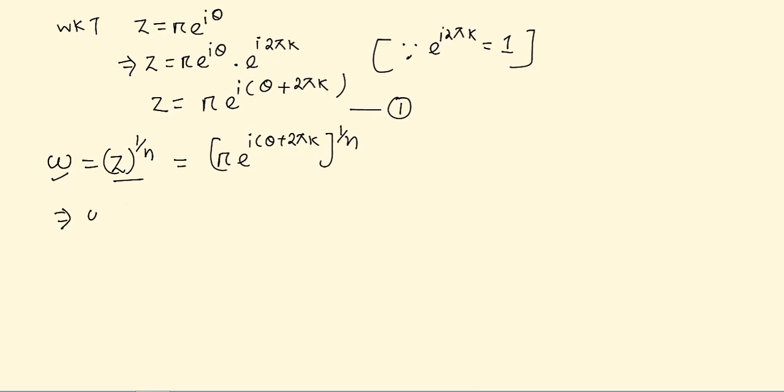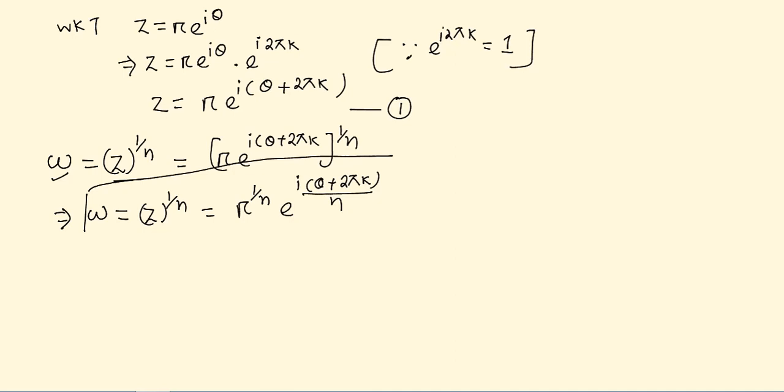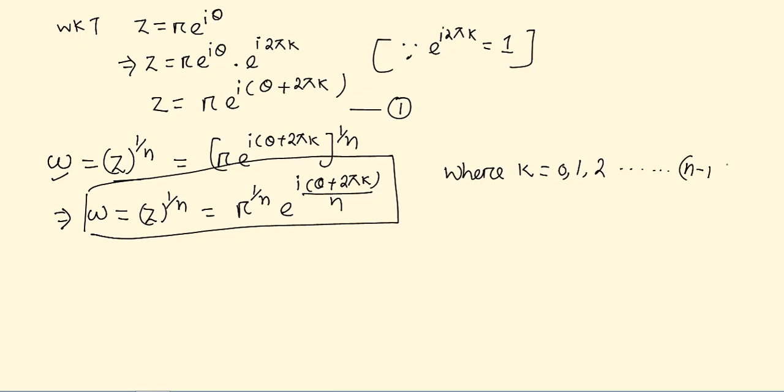So we can write omega equal to z to the power 1 by n equal to r to the power 1 by n into e to the power i theta plus 2 pi k upon n, where k equal to 0, 1, 2 up to n minus 1.